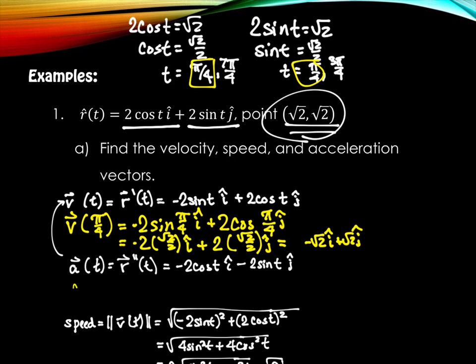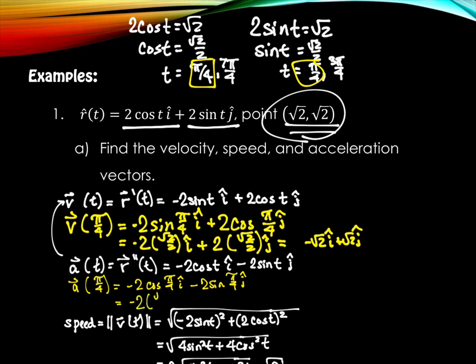All right, so we're going to do the acceleration at pi over 4. So I have negative 2 cosine of pi over 4 i, and negative 2 sine of pi over 4 j.